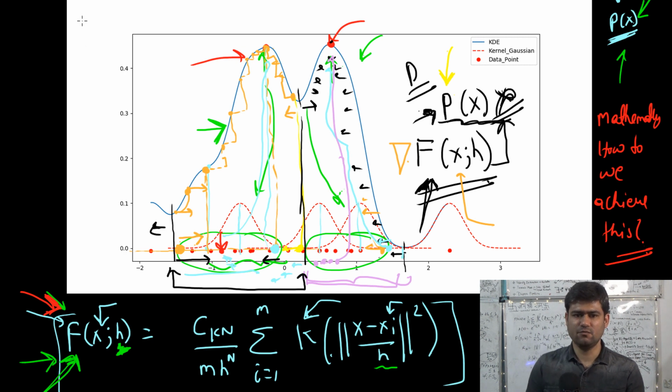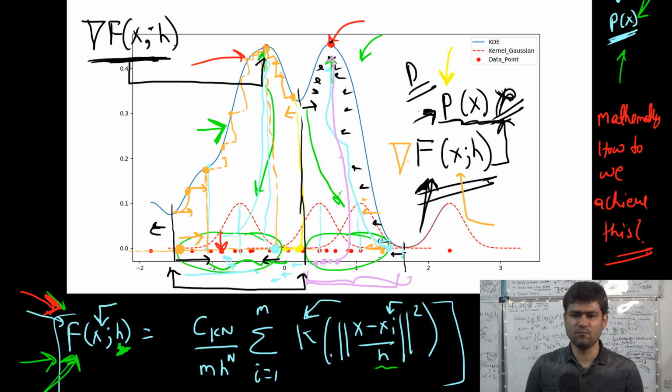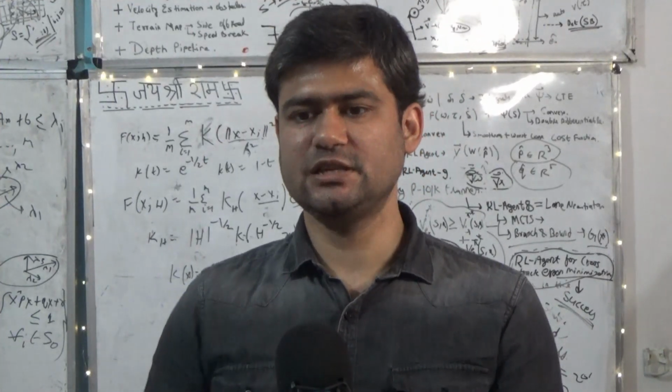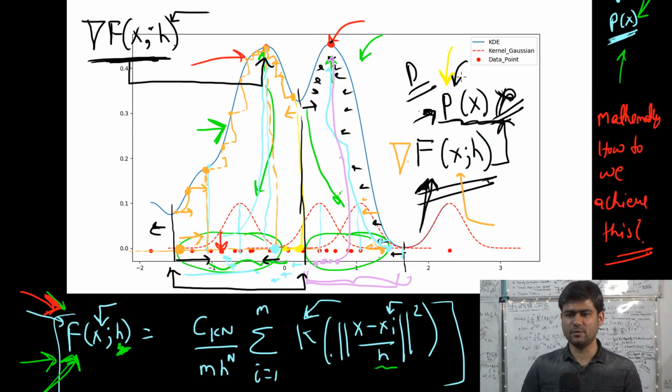So basically, by computing the gradient of the kernel density estimator function f of x parameterized by h, we can compute the modes of this kernel density estimator function and essentially the modes of the underlying probability density function as well. Each of these modes has a region in the dataset such that any point in that region converges to that mode.